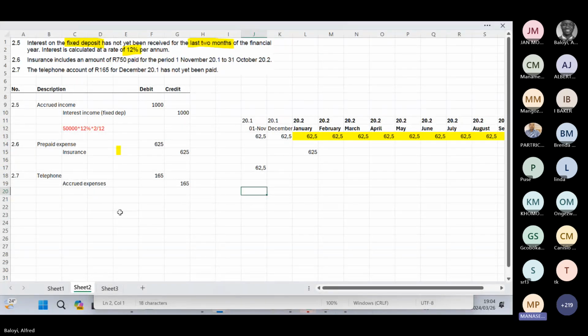I'm a bit confused with regards to the effect of accrued expense or income, prepaid expense and income on the T account, because I understand that for a correct posting into the general journal, you should be able to know which account is to be debited and which account to be credited.